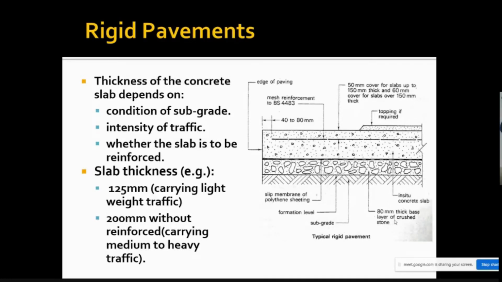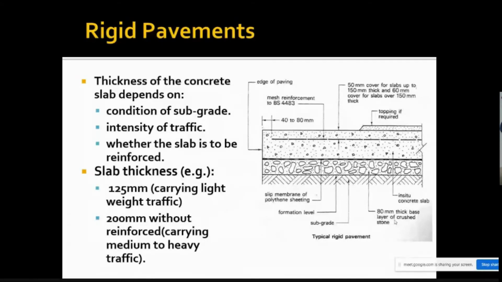Thickness of the concrete slab depends on the condition of the subgrade. As I said earlier, the intensity of traffic. As I also said earlier, at ports you will have more heavy vehicles and containers. So you will have a thicker grade, sub-base, and also stronger concrete.